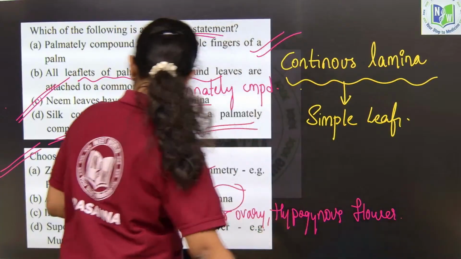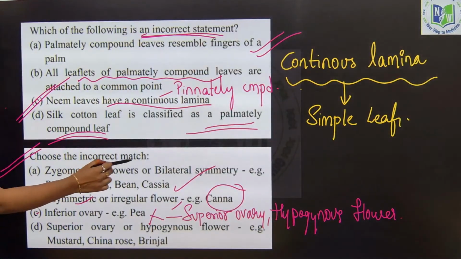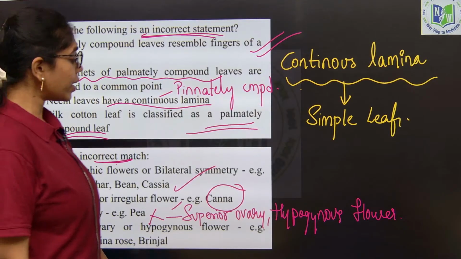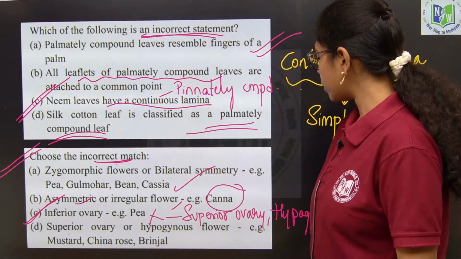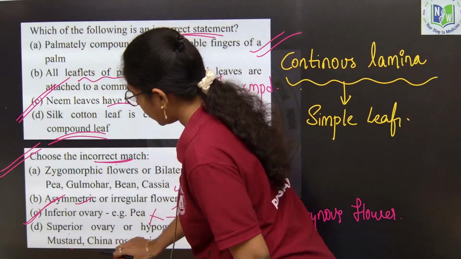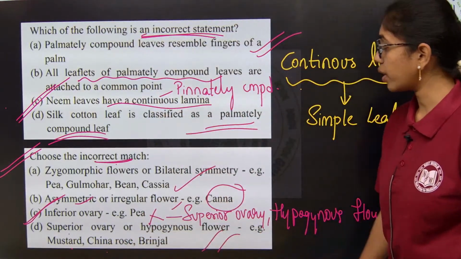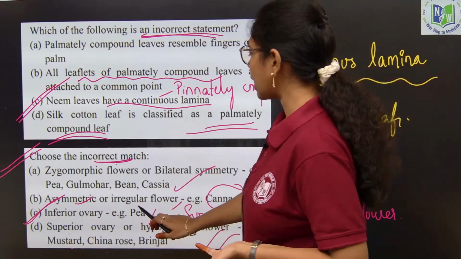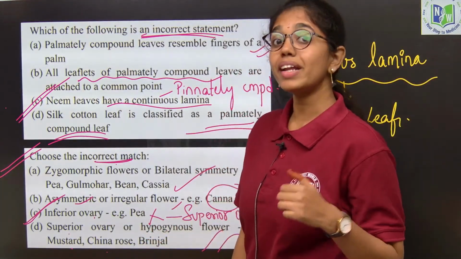Fine ma. So here, as he asked for the incorrect match, it is option C. In D also you see superior ovary or hypogynous flower, for example mustard, China rose and brinjal, true. Inferior ovary examples are guava, cucumber and sunflower. These are the examples for inferior ovary, epigynous flower.